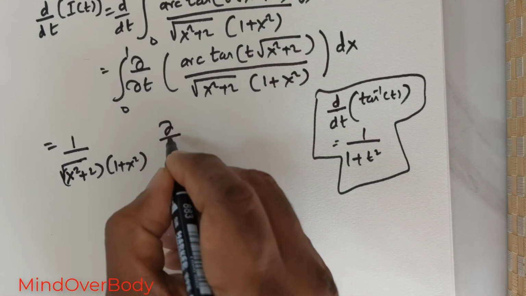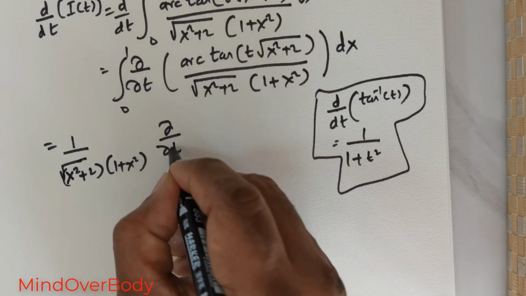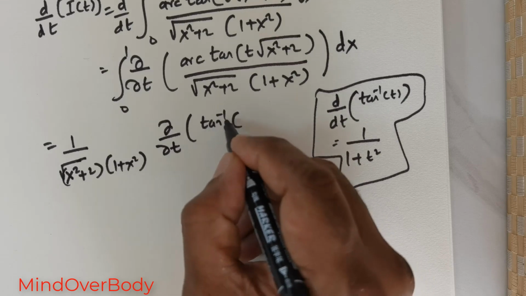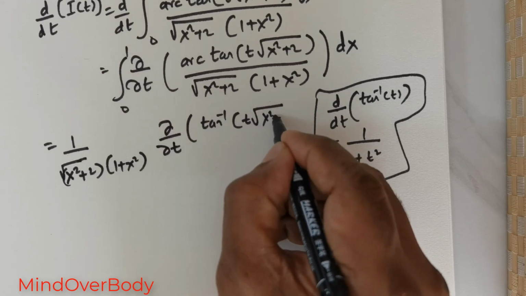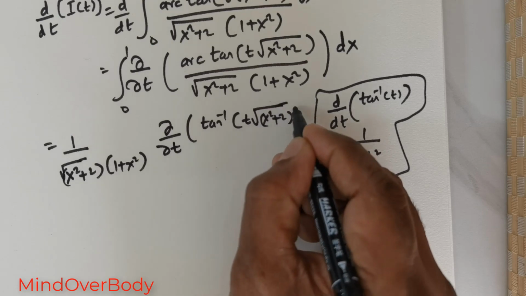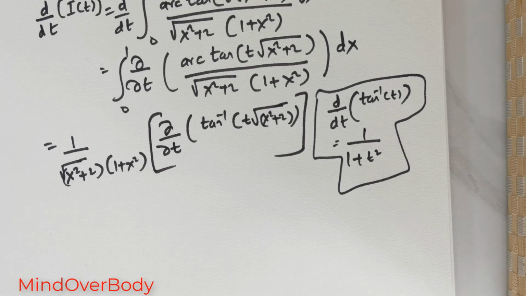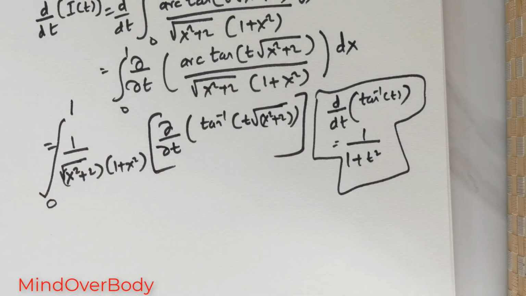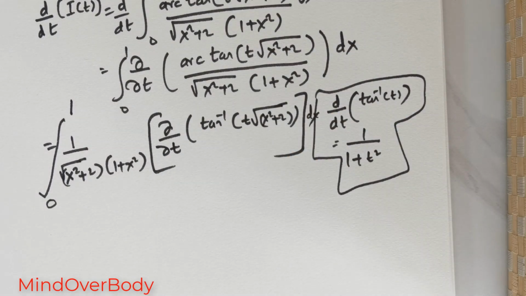Now I need to just perform the partial differentiation, dou over dou t, of tan inverse, I prefer to write it like this, tan inverse of t times root of x squared plus 2. However, you have the integration from 0 to 1 and the operator dx.